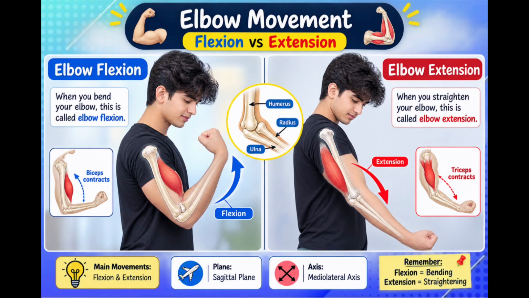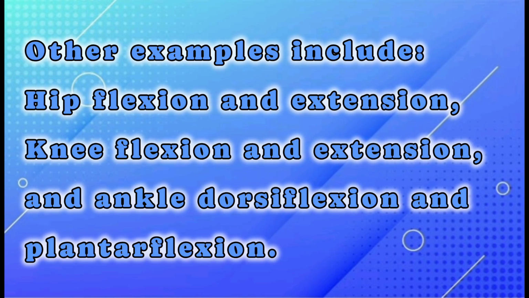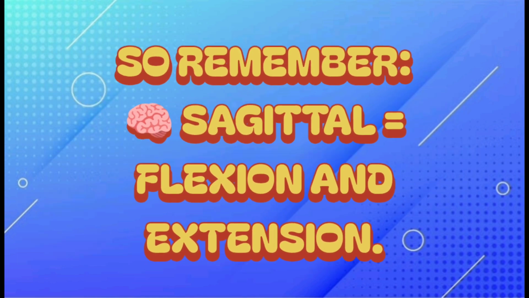For example, when I bend my elbow like this, it is elbow flexion, and when I straighten it, this is elbow extension. Other examples include hip flexion and extension, knee flexion and extension, and ankle dorsiflexion and plantar flexion. So remember, sagittal equals flexion and extension.